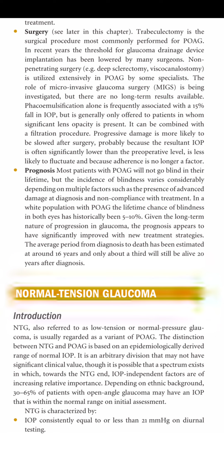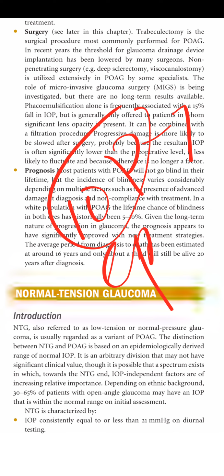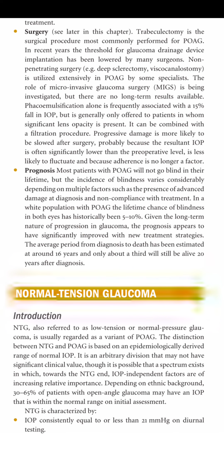Because this IOP range is based on our perception of how epidemiologically people are normal in this range. It is an arbitrary division that may not have a significant clinical value, though it is possible that a spectrum exists in which towards the normal tension glaucoma end, IOP independent factors are of increasing relative importance. So the writer is trying to say that there can be some other factors contributing to glaucoma, but they are still under research.